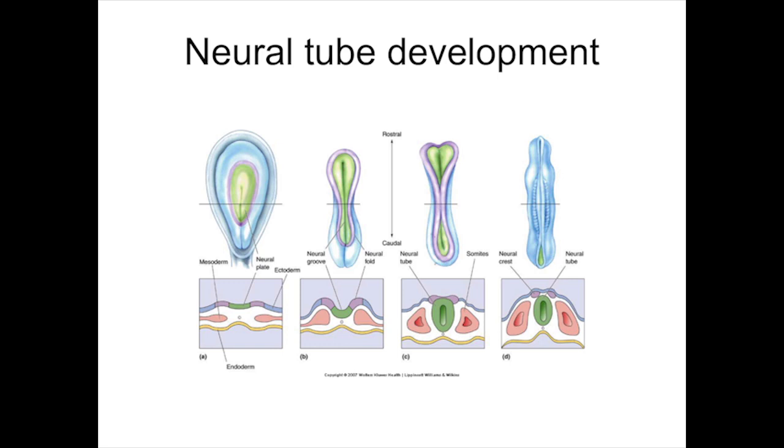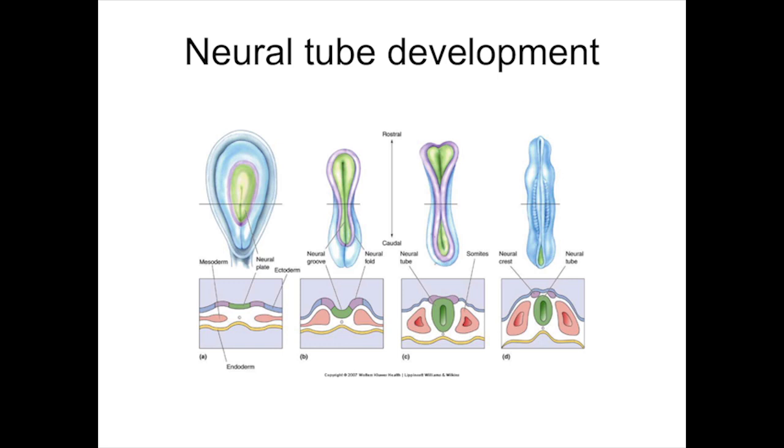So here is a cut through, and you end up seeing 3 layers here of the developing embryo, and you get what are called neural crests that start to form, and it ends up starting to make little bumps, and then these neural crests get taller and taller, and they end up closing up and making these bumps up here and the tube. And this tube ends up becoming the central nervous system.